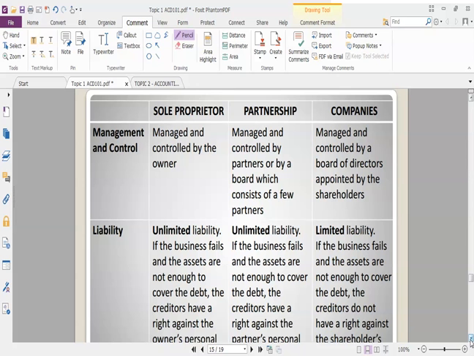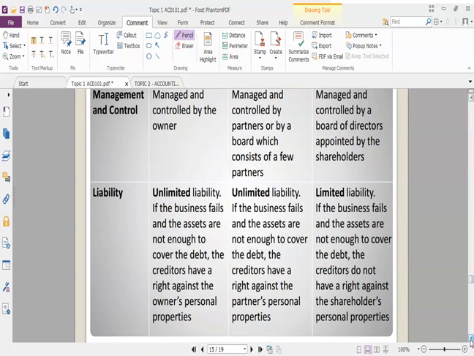Unlimited liability means that if the business is bankrupt and does not have enough money or assets to pay the debt, the creditors have a right to get the money from the owner's personal properties, such as their house and car, to pay back the creditors. That we call unlimited.